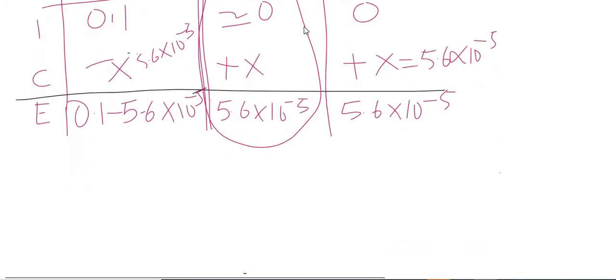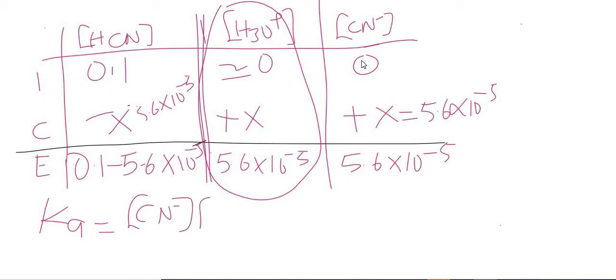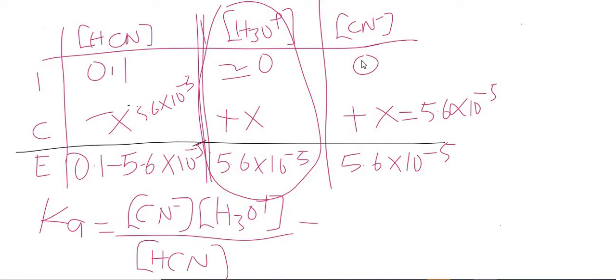We use this to solve for the Ka. As usual, we write our Ka expression, which is the concentration of the products over the reactant, HCN, at equilibrium.